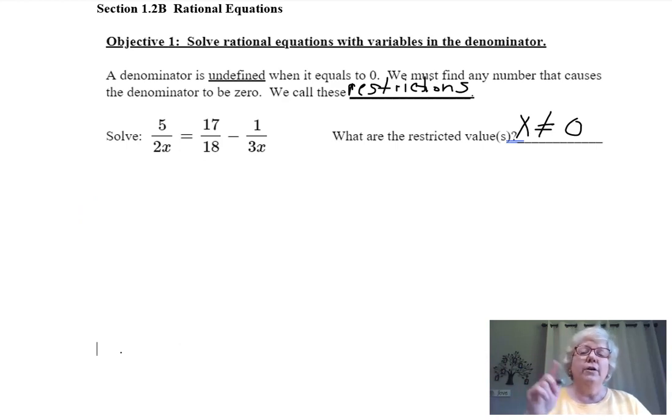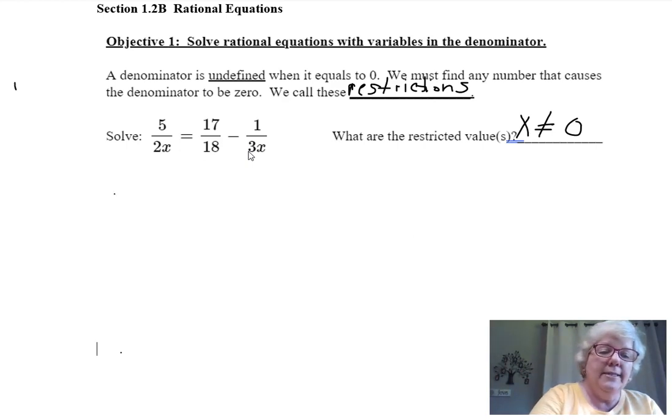If you recall covering with me the steps to solving an equation, the first step is to normally eliminate the fractions with the least common denominator. So, what number would a 2, an 18, and a 3 all divide into? That's right, an 18. 18 is divisible by 2, 18 is divisible by 18, and 18 is divisible by 3.